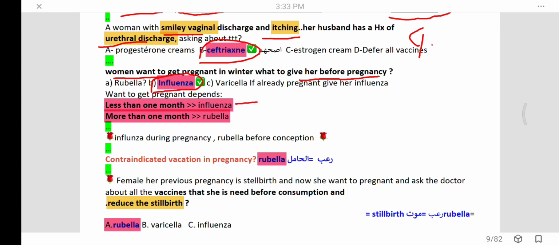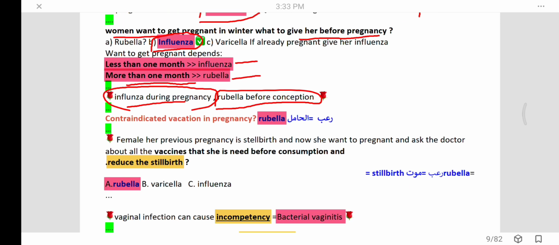If she wants to get vaccinated before pregnancy, then you have to give rubella. You would never ever give the rubella vaccine during pregnancy. So influenza during pregnancy, rubella before conception. This is the clue. Contraindicated vaccination, as I have said, rubella vaccine is contraindicated in pregnancy.